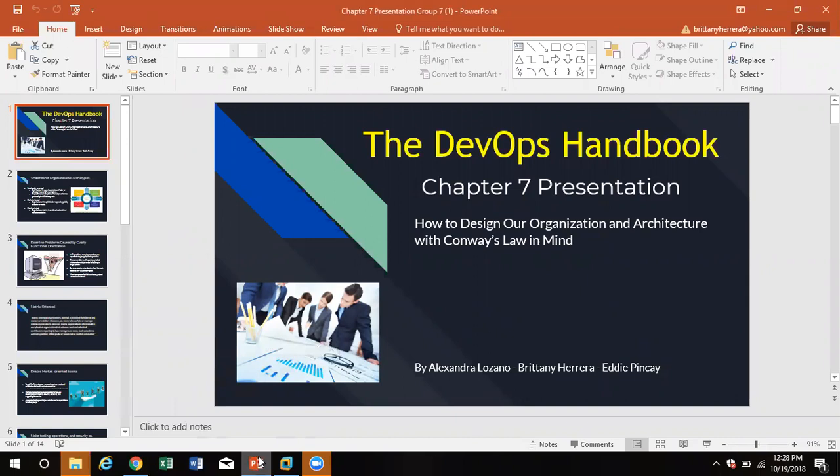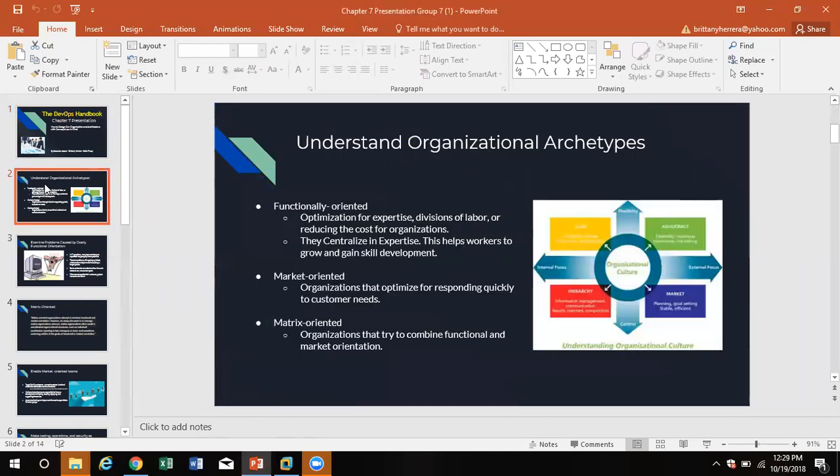So this chapter is how to design our organization and architecture with Conway's Law in mind. The chapter has a lot of great detail on how to deploy DevOps and success stories with each organization and archetype. So first we need to understand the organizational archetypes, which are functionally oriented, market oriented, and matrix oriented.